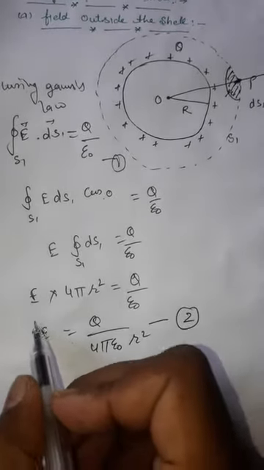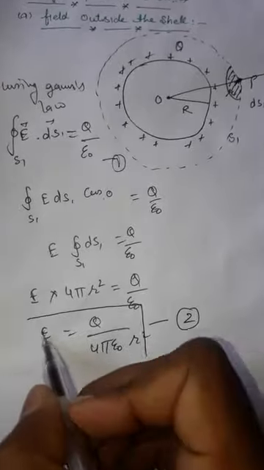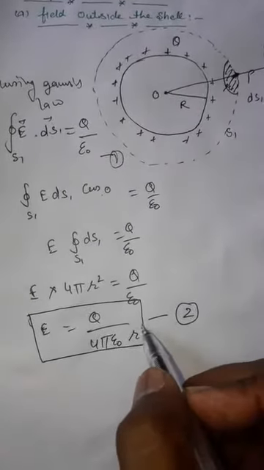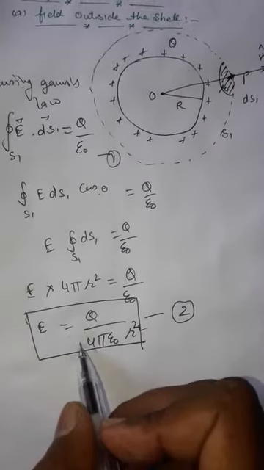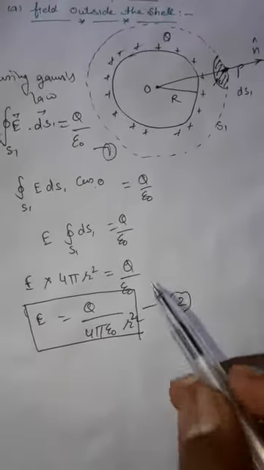This equation gives the electric field at point P, which is outside the spherical shell.